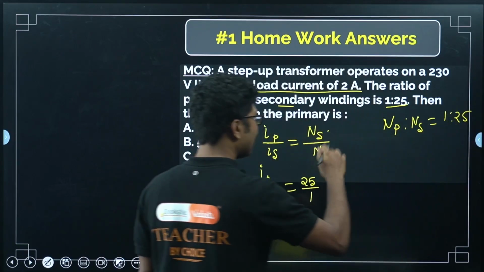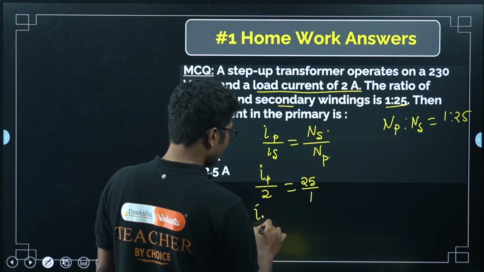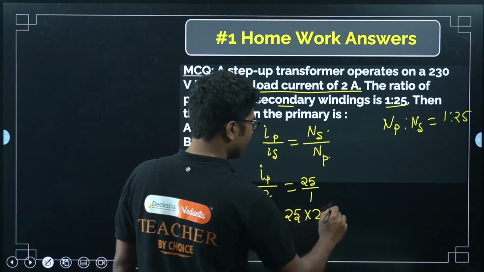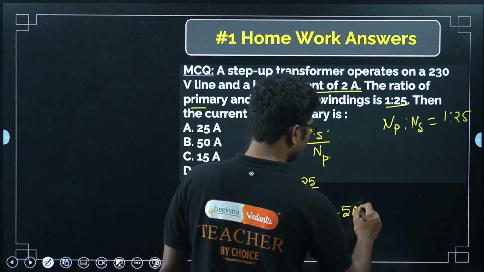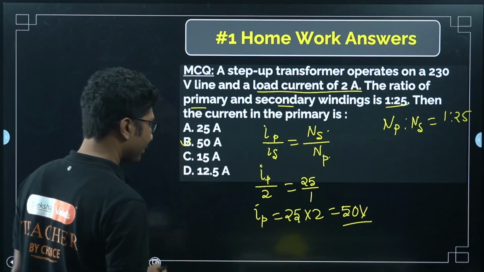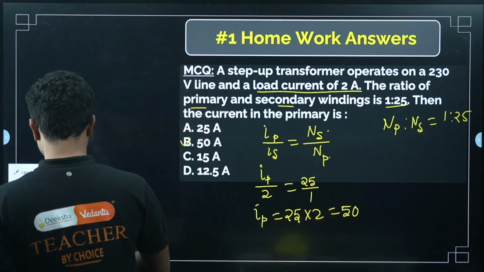So N_S by N_P should be 25 by 1. So I_P should be equal to 25 times 2, that is 50 volts. Simple problem. 50, not volts, 50 amperes. We are finding current, so it should be 50 amperes.